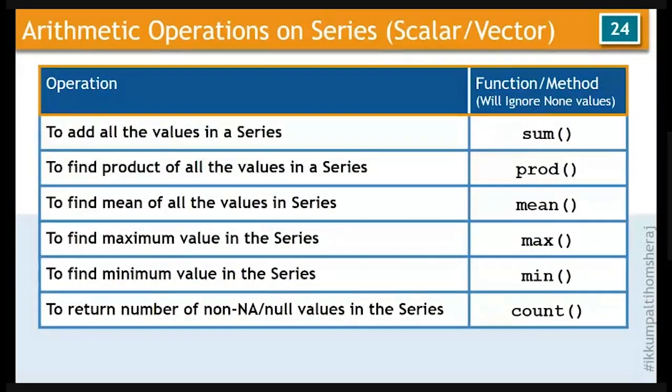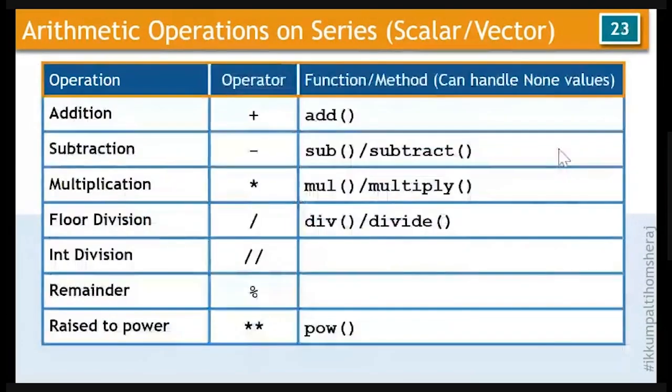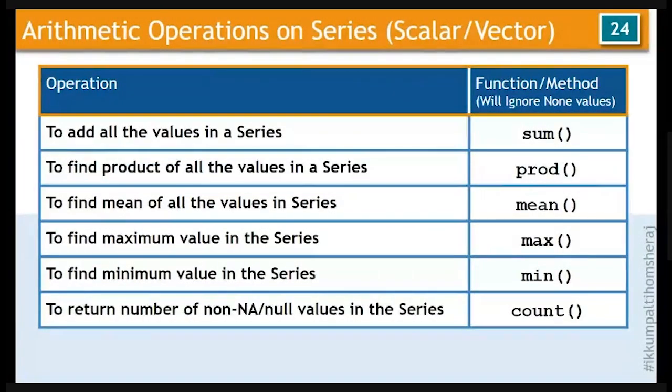Then apart from those which can work as vector, we can have some more functions as scalar as well as vector. One is sum. So you should know the difference between add and sum. Add adds two corresponding values, whereas sum adds all the values in one particular series. Product multiplies all the values within a particular series. Mean finds the mean of all the values within a series.